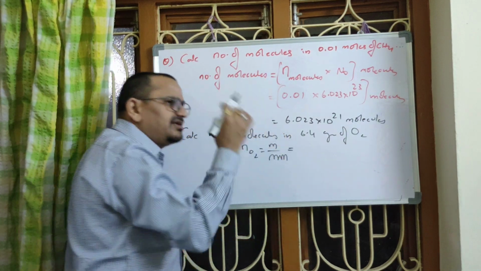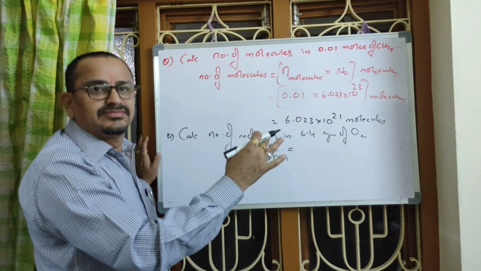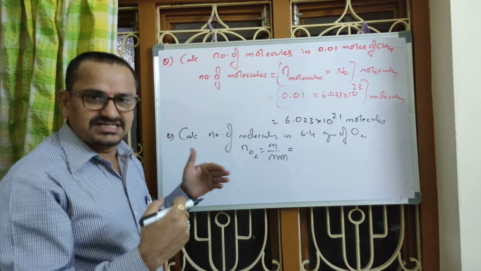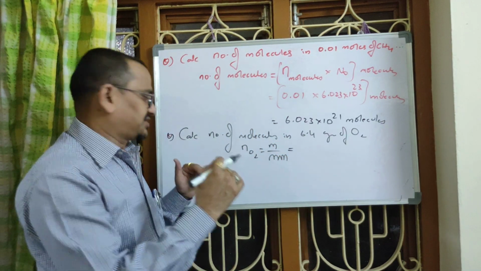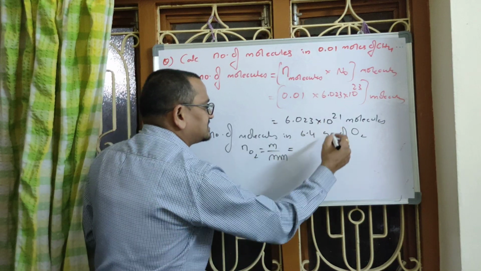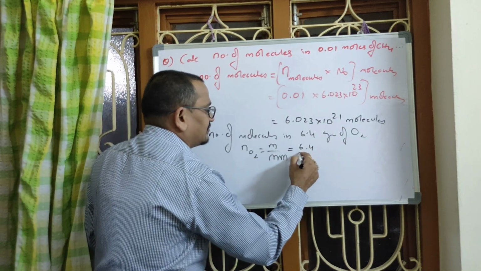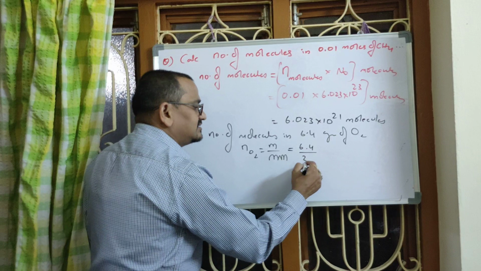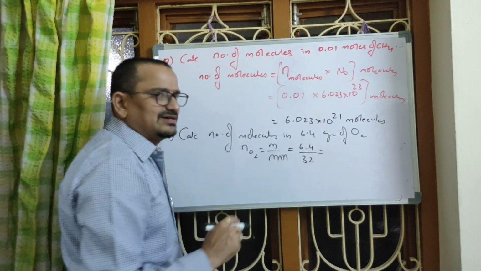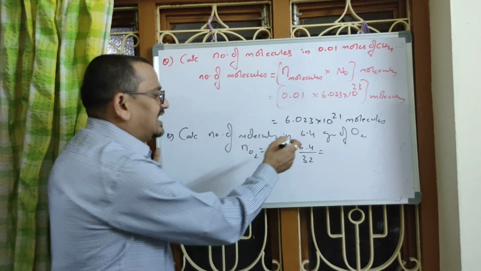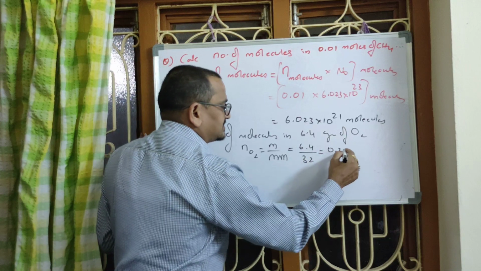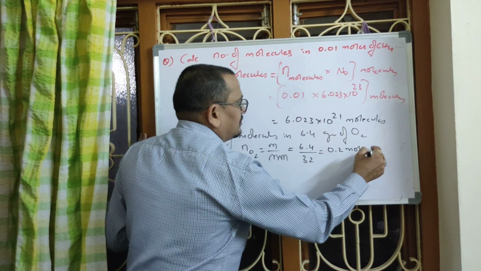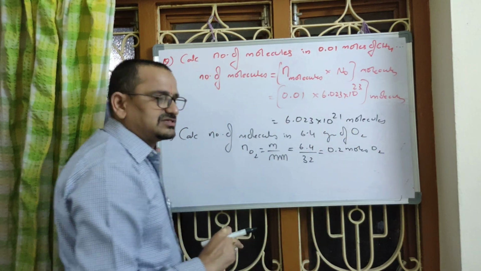So you should be very, very good at relations. By practicing so many questions like this, you will be very perfect. Mass of oxygen given is 6.4. By what is molar mass of oxygen? 32. 6.4 by 32: 64 by 32 is 2 times, as point is there, it is 0.2. So we have calculated number of moles of oxygen.